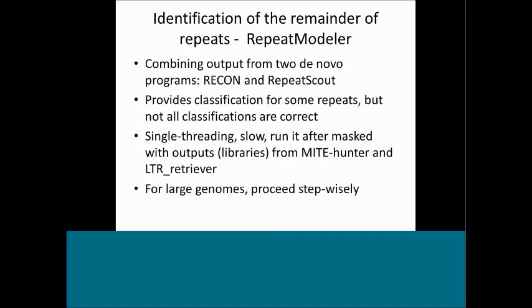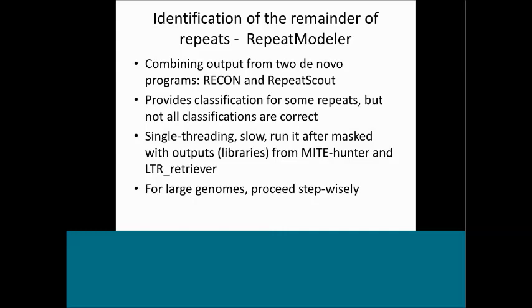So after we collected the two most abundant classes of transposons in plant genomes, one is the MITEs, another is the LTR retrotransposons, both of these methods being structure-based, we then use a homology-based method to collect the remainder of repeats.